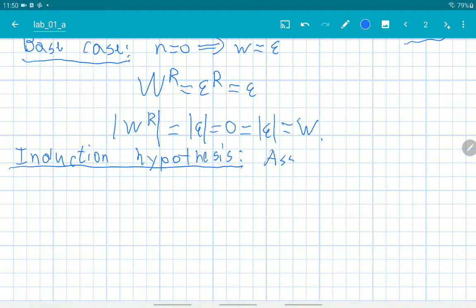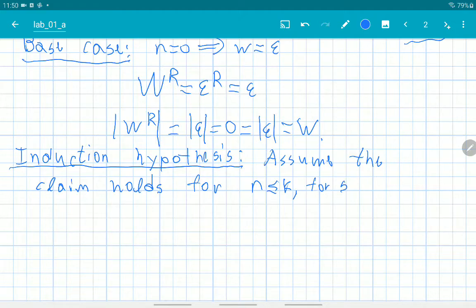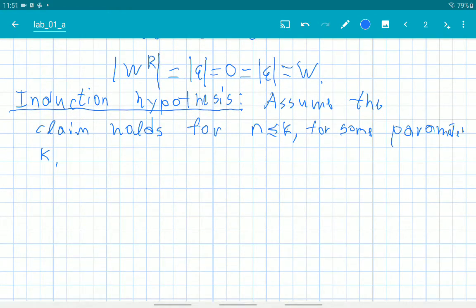Assume, and again, you can write this in some sense without thinking too much, assume the claim holds for n smaller or equal than k, for some parameter k. So we assume that the induction holds for some parameter k.